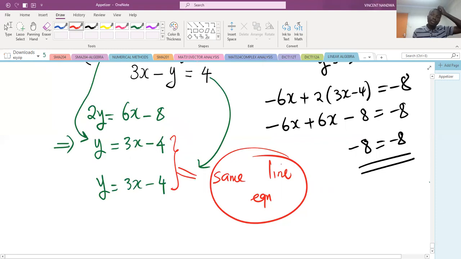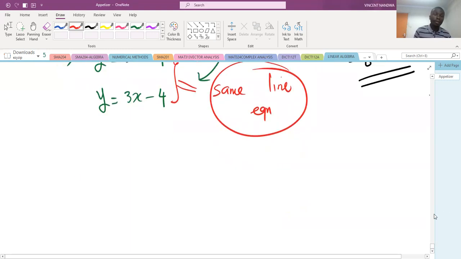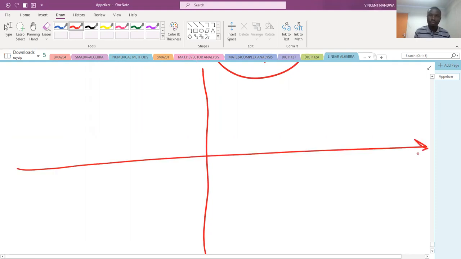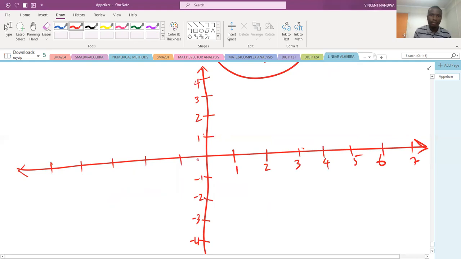So therefore, if you were to represent them on a graph, we mark the axes with values 1, 2, 3, 4, 5, 6, and negative 1, negative 2, negative 3, negative 4, negative 5.